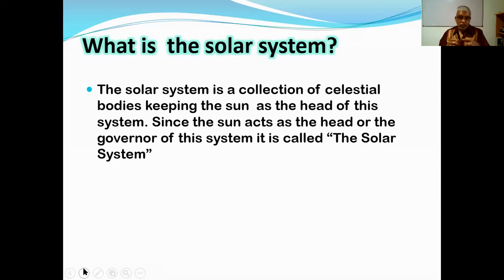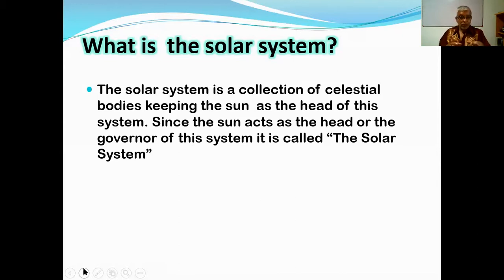Actually, they don't have such a power. They are merely rock balls, or sometimes some planets in our solar system are mere gas balls. They don't have any power to generate energy, light, or heat.